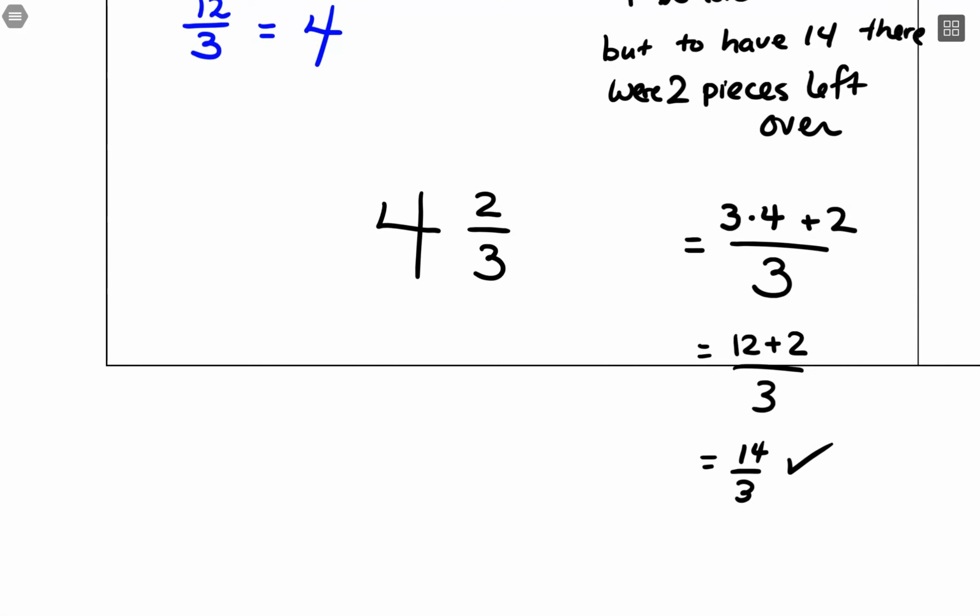If you have a mixed number, let's call this capital A and then B over C. To change that to an improper fraction, you would go C times A plus B. So multiply, add, and then all over that same denominator of C.